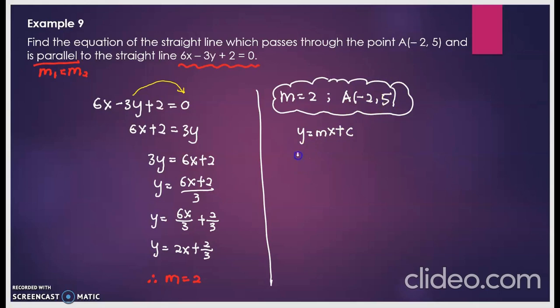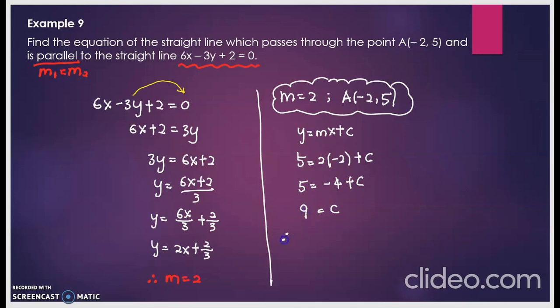Substitute y is 5, m is 2, x is -2, plus c. 5 is equal to -4 plus c. So c will be equal to -4 when I move to the right hand side, plus 4. So now it is 9.